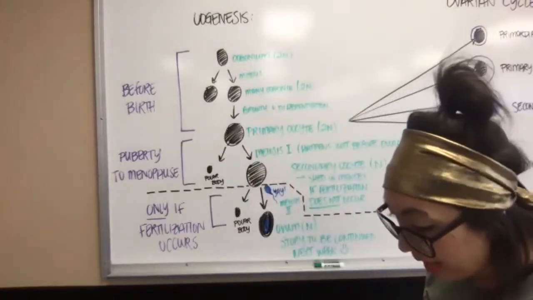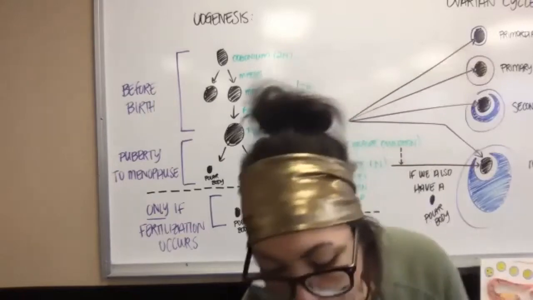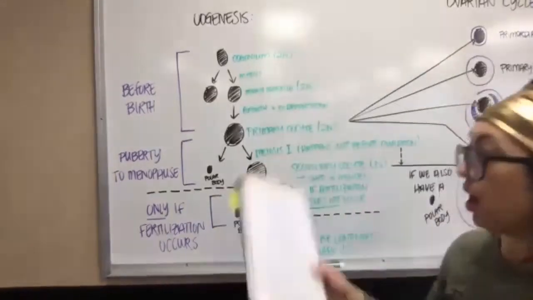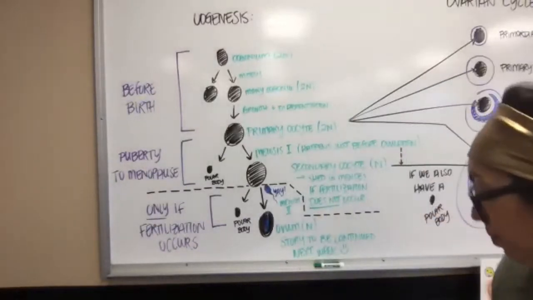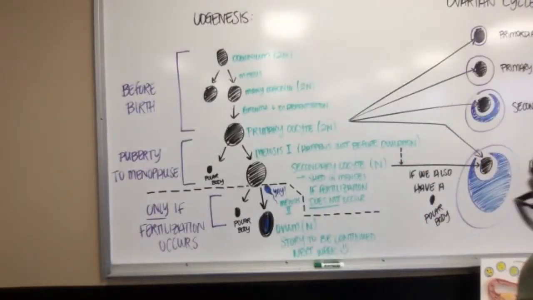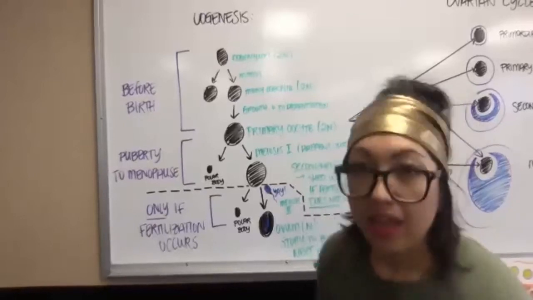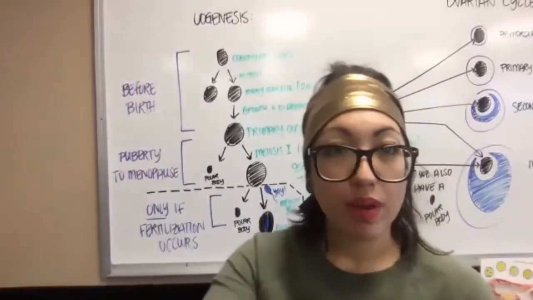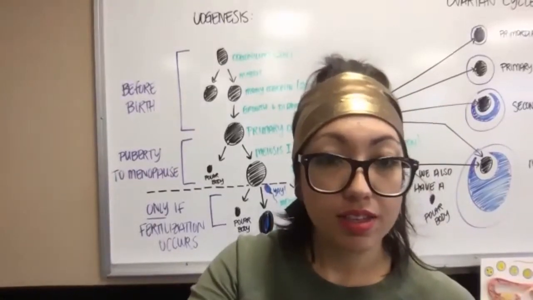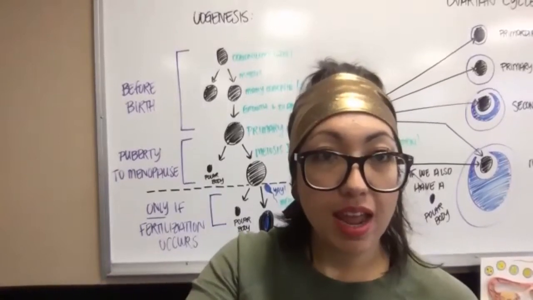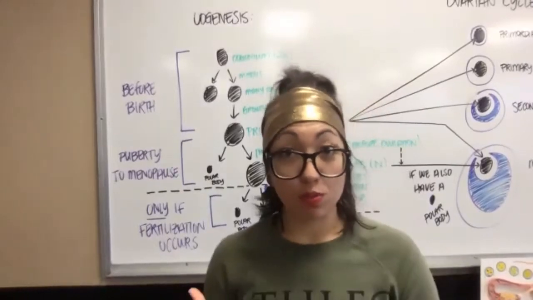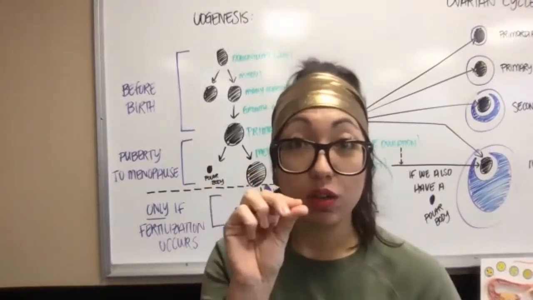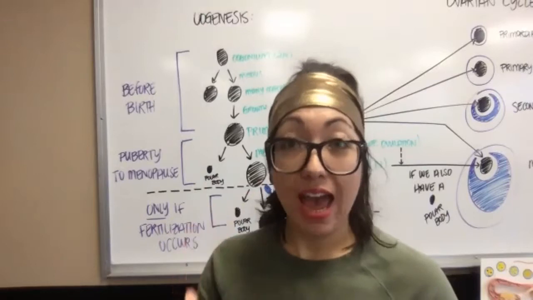So here I want to emphasize a part of your lab manual, the timeline that's on the left-hand side of your lab manual. It says before birth. And that is really important that we understand this concept, that when a little girl is growing inside of mama's womb, her tiny little ovaries are very active.